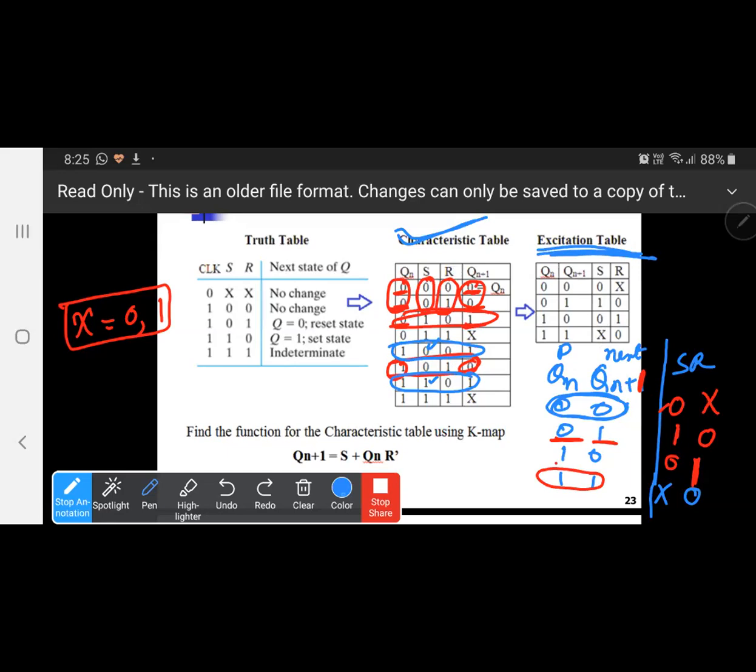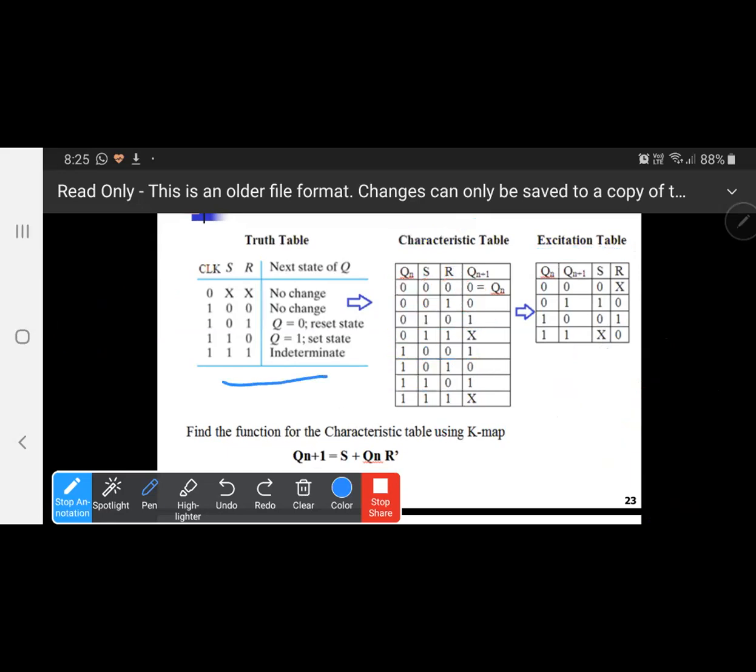You can see everything we are getting from this truth table. If we know this truth table, we can draw this, after that we can get this, and from this we can find the equation also. Clear to everyone?